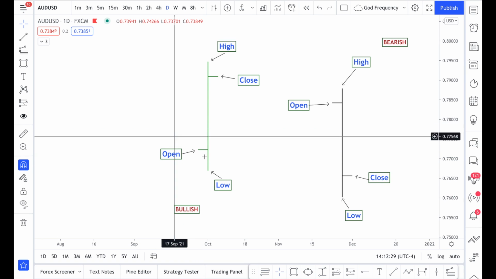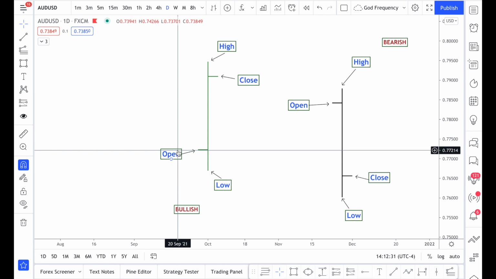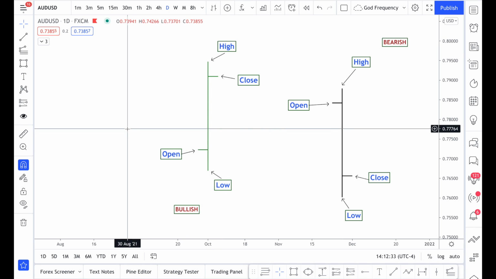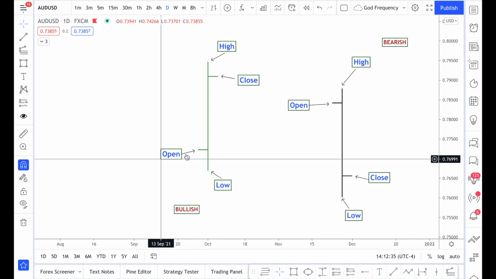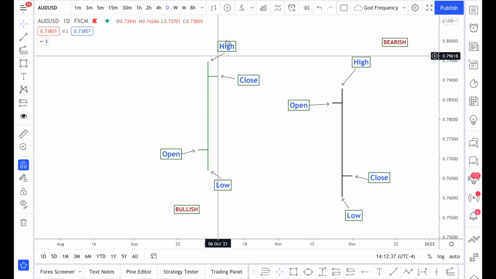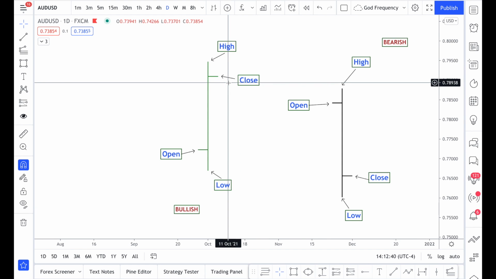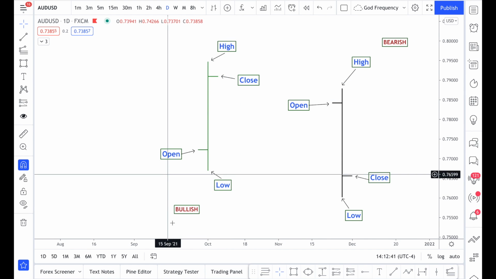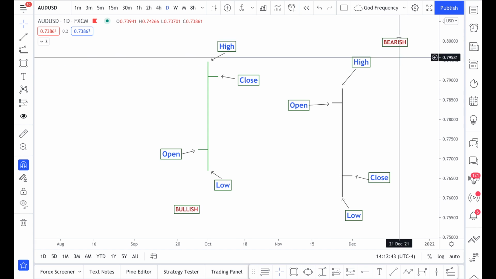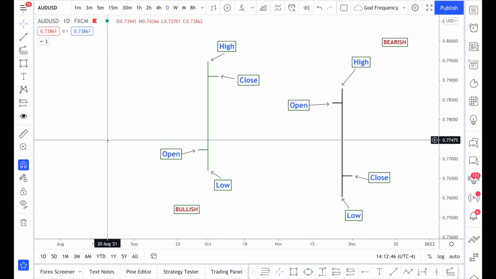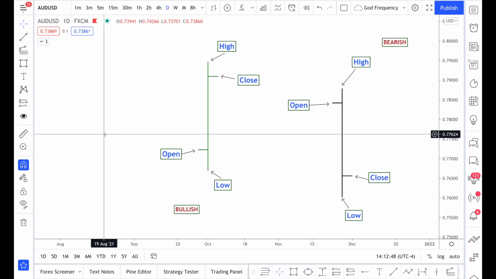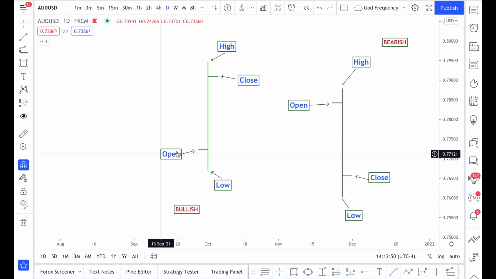With price, you are always going to have an opening, a high, a low, and a close, whether it's a bullish or a bearish candle or bar.